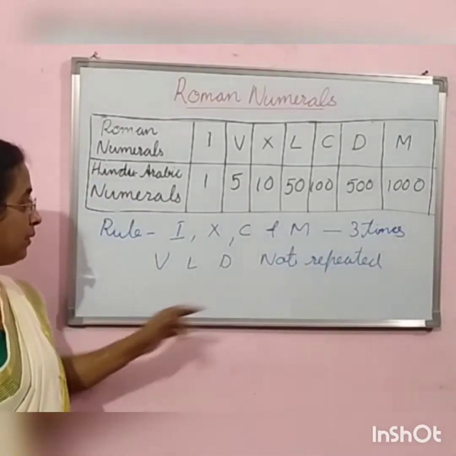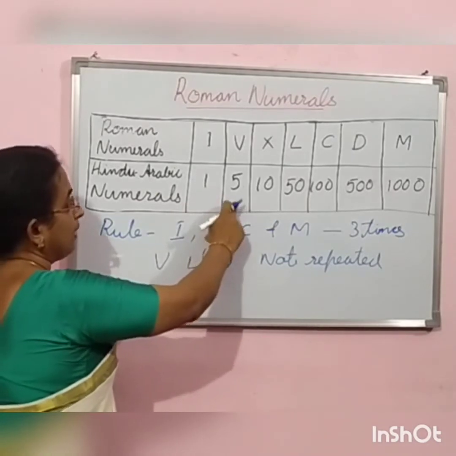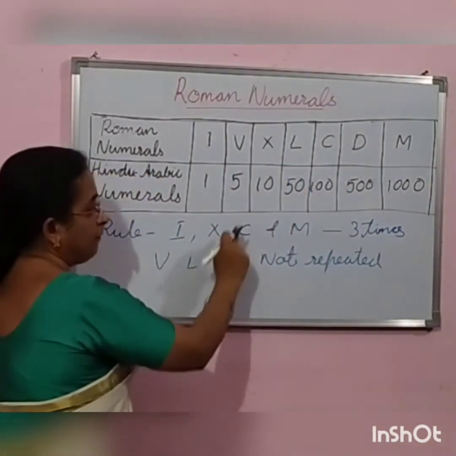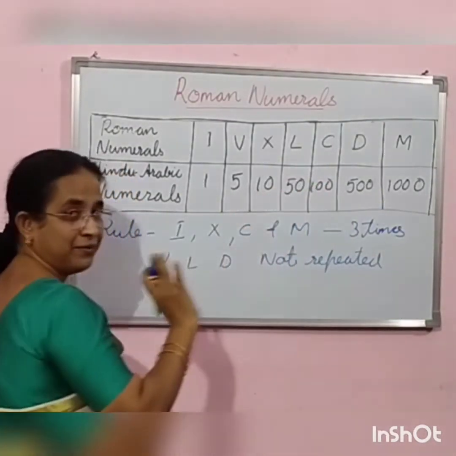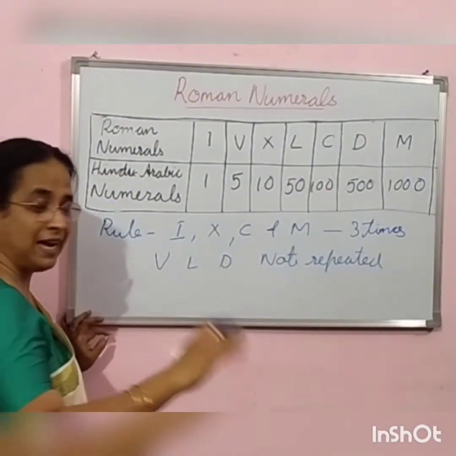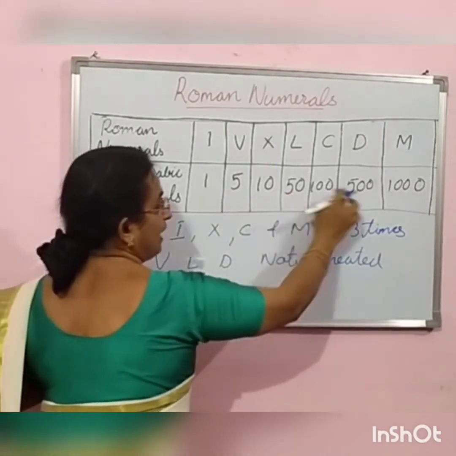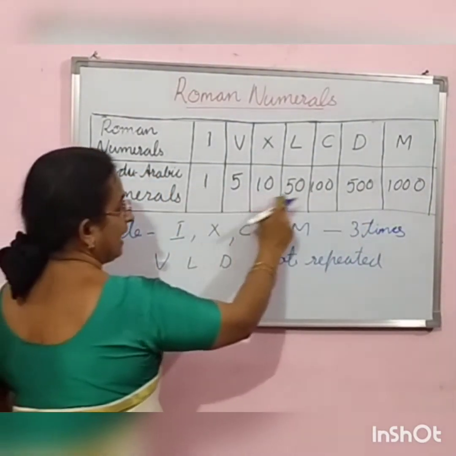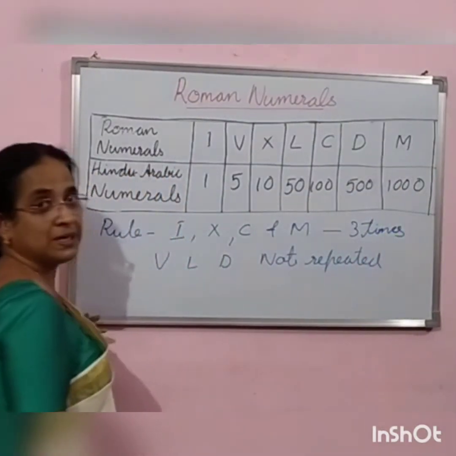V, L, D are not repeated. You can remember it. Listen: 5, 50, 500 are not repeated, but 1, 10, 100 and 1000 are repeated.